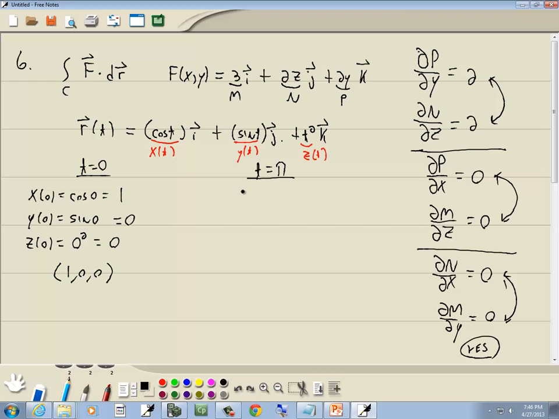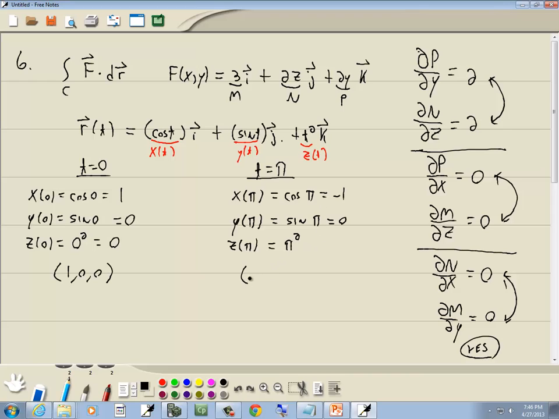The second one, we're going to plug in pi. So we got x of pi, which is cosine pi, which is negative 1. We got y of pi, that's equal to sine of pi, which is 0. And we got z of pi, which gives us pi squared, the t squared.